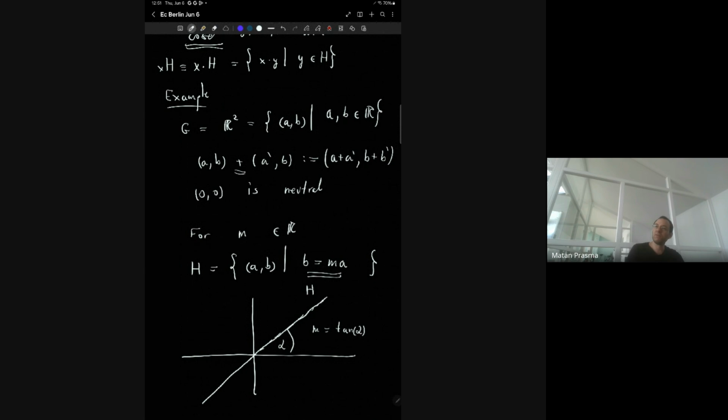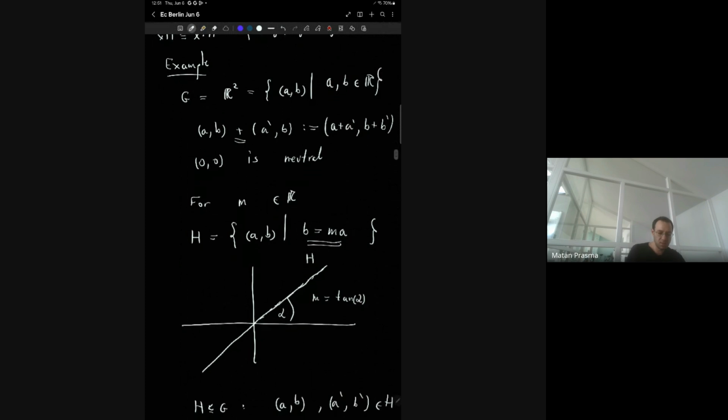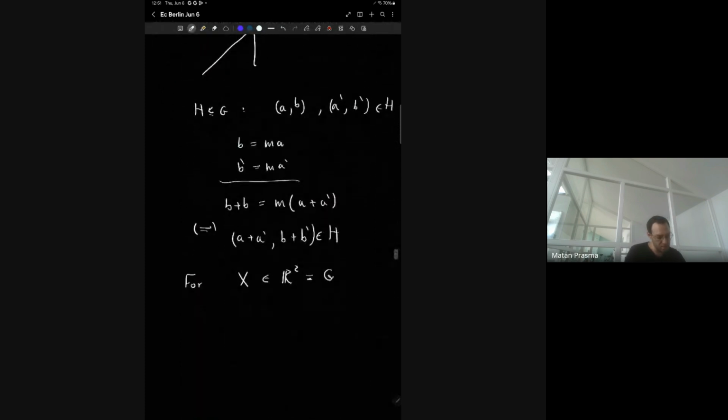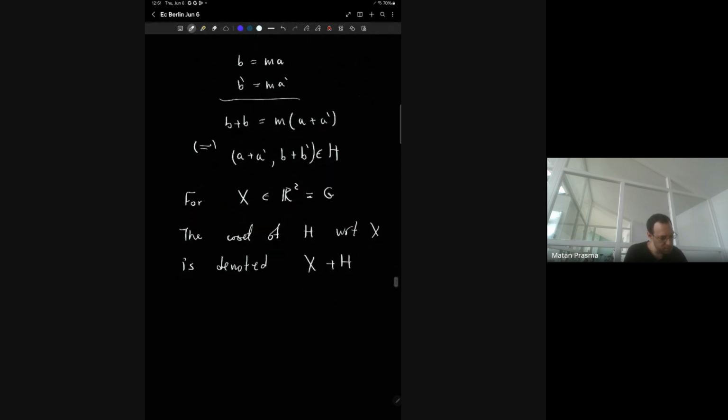Instead of multiplicative notation that we did in the general case. So with additive notation, the coset of H with respect to X is denoted X plus H.